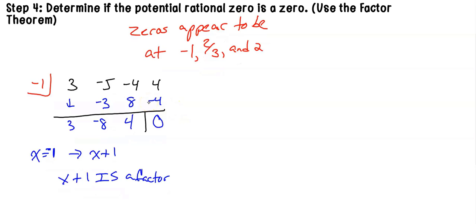Now, what we end up with at this point is x plus 1 times, in the parentheses, okay, so if we look, we know this started with x cubed. So that means this down here starts with x squared. This is x, and that's the constant. So it would be times 3x squared minus 8x plus 4.